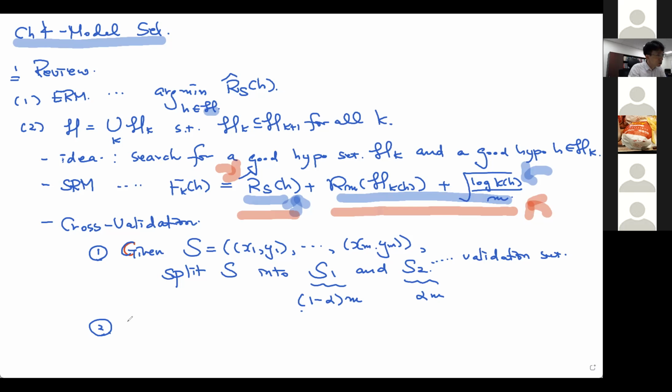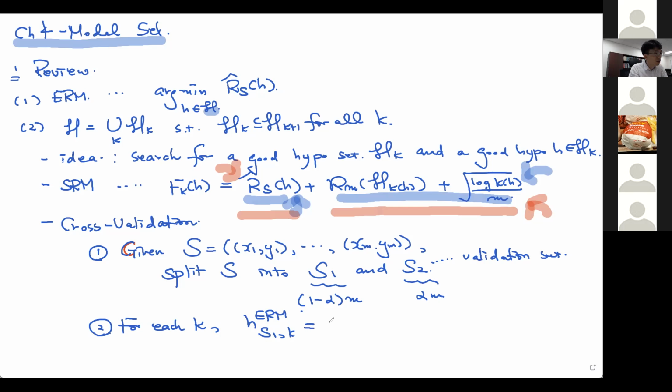So what we do in the second step is that for each k, we find h_k from S1. So we use only samples in S1 and consider a hypothesis class H_k, and we find some hypothesis that minimizes the empirical risk.